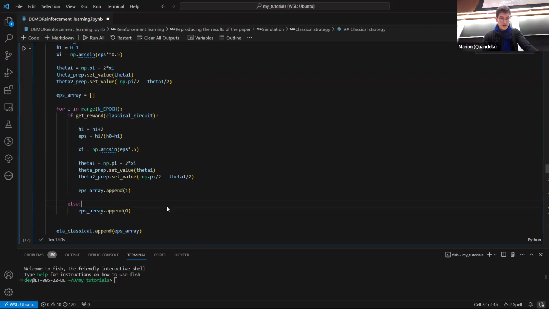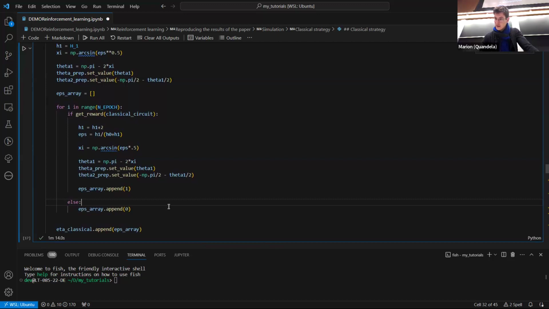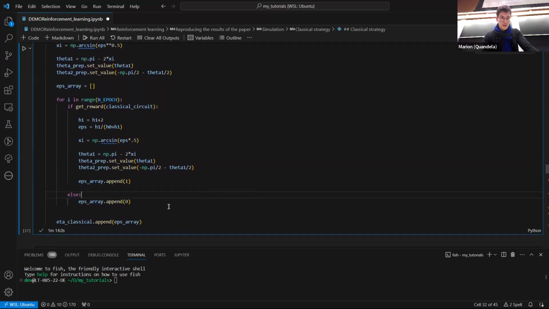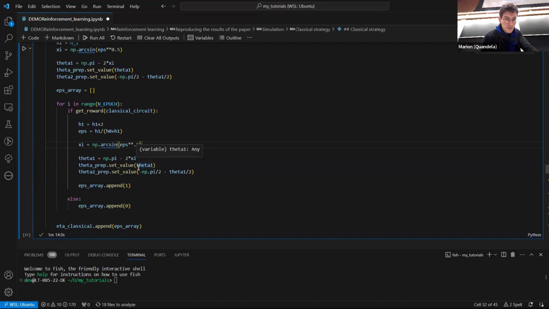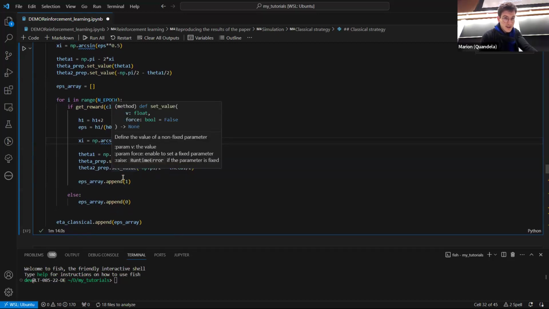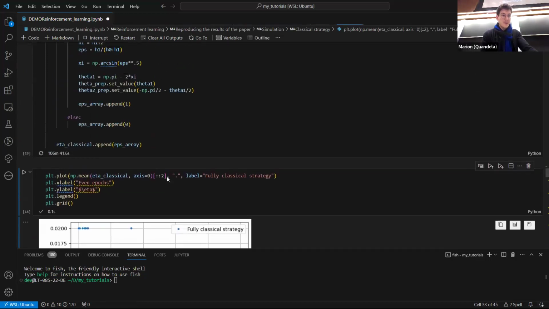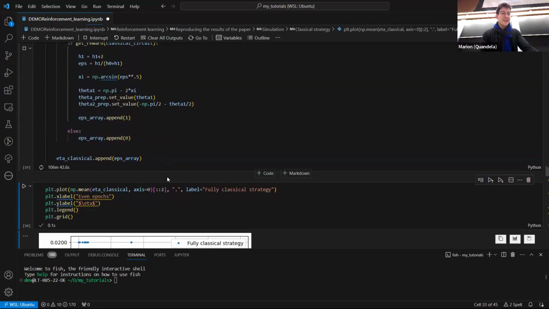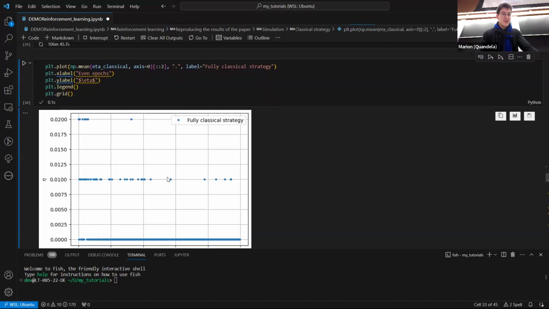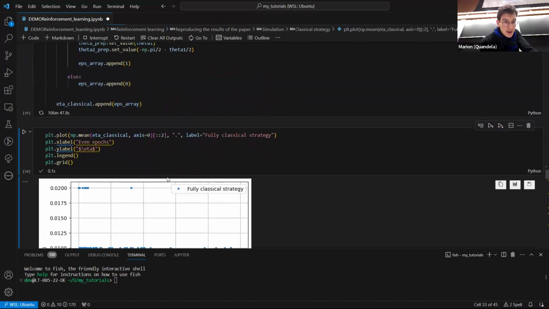Right. Good catch. I wanted to take the square root of epsilon and I multiplied it by 0.5. Okay, so we'll wait a bit and hope that it's the right one now.